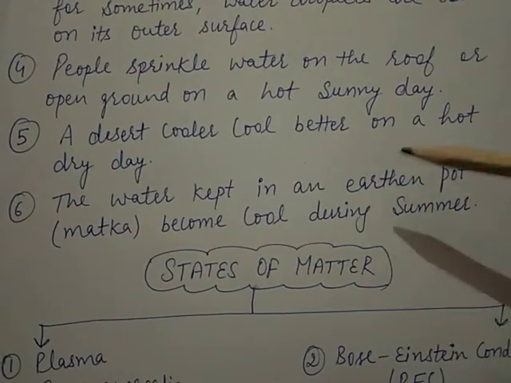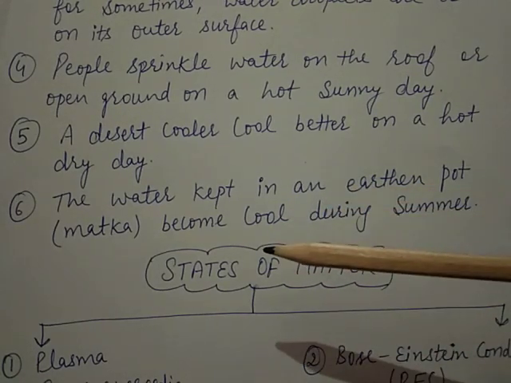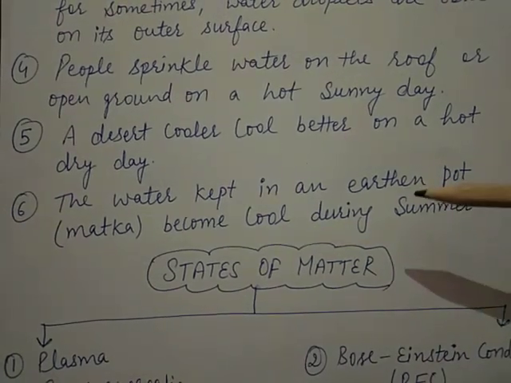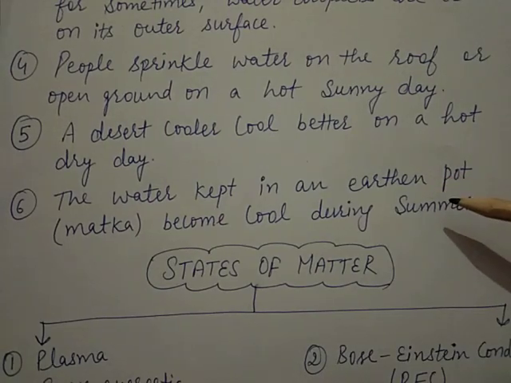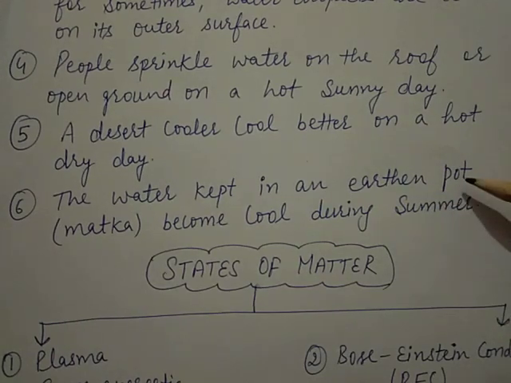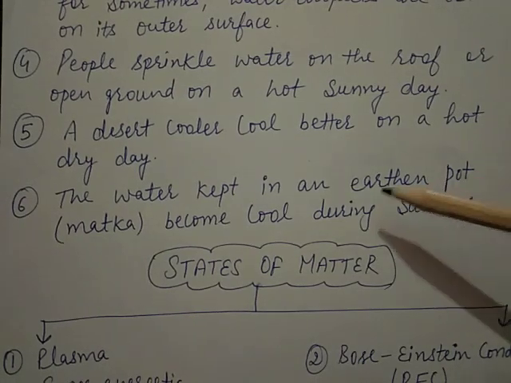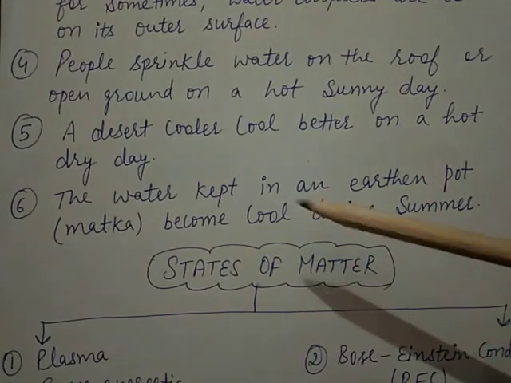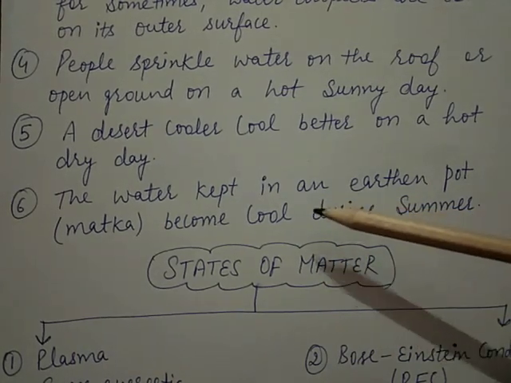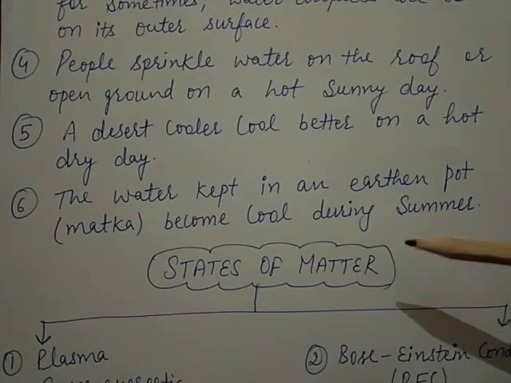Now the next example is why water kept in an earthen pot, that is matka, becomes cool during summer. This is a very important question. Because the earthen pot contains small pores. During summer, when water is kept in an earthen pot, some of the water seeps through the pores to the outer surface.